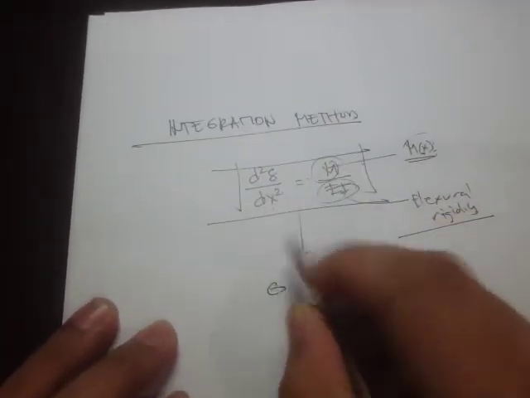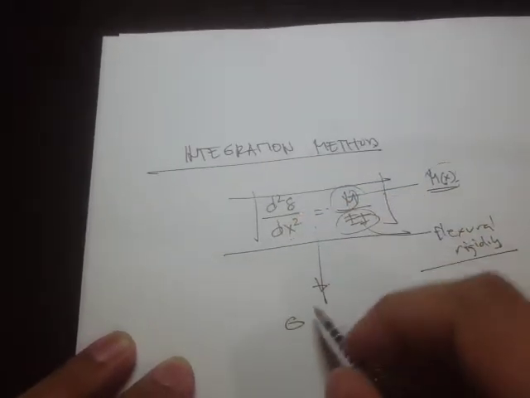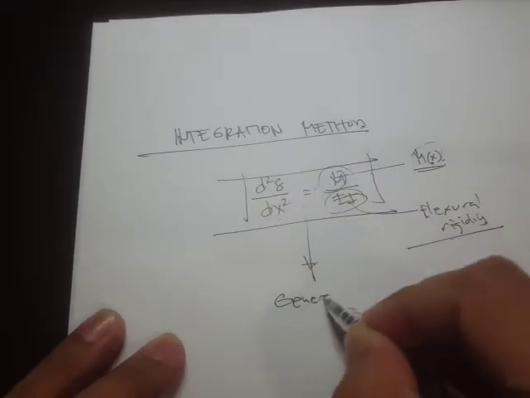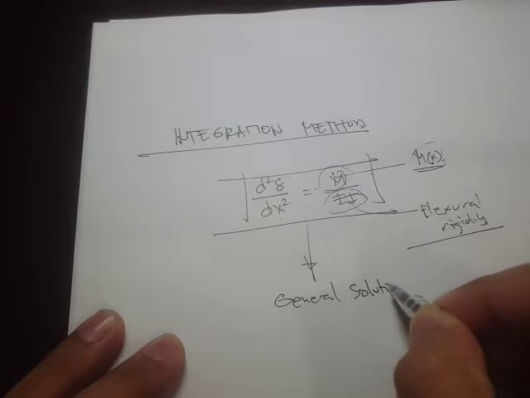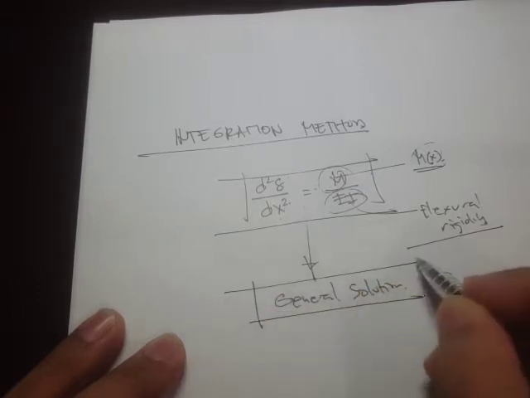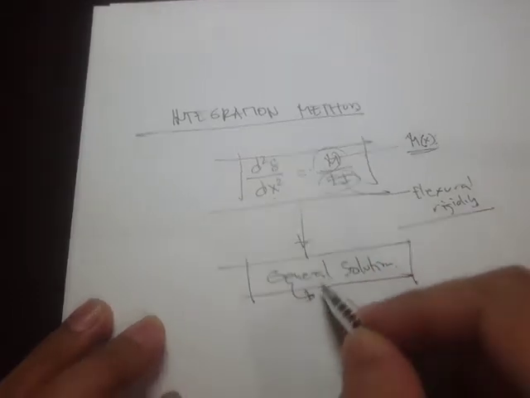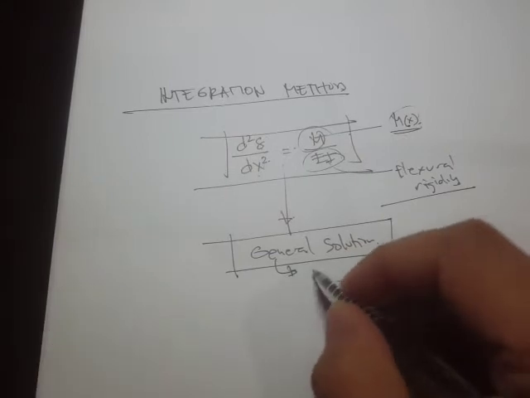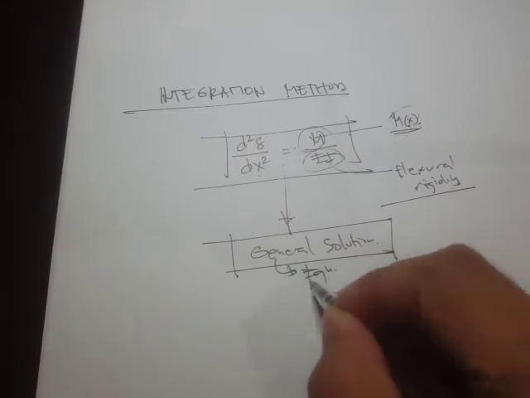So if we integrate twice, what you get is a general solution. When you say a general solution, it is an equation.